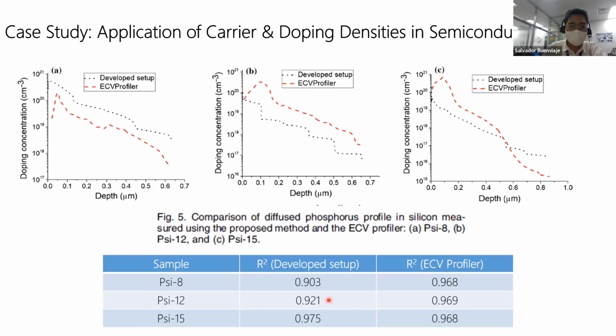So these are the R squared values, which are found to be close to the calculated measurements. They suggest that, for instance, the junction diffusion depth was calculated to be 0.7 for the developed setup and 0.77 as calculated by the ECV profiler. So that's a very close result.